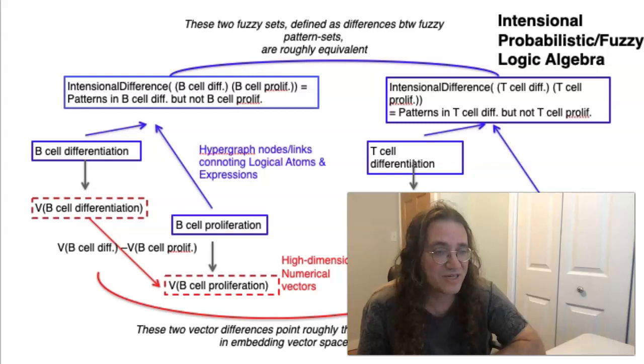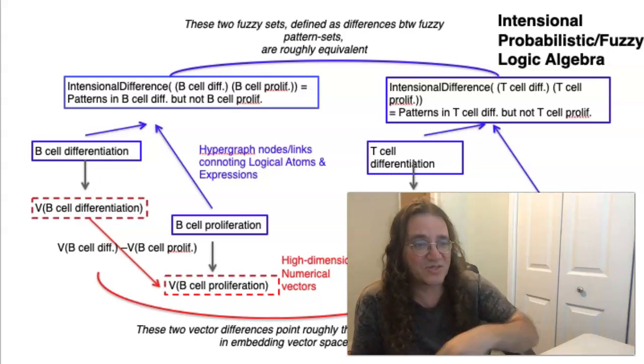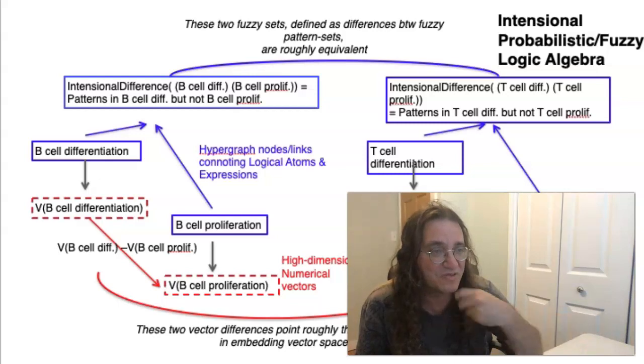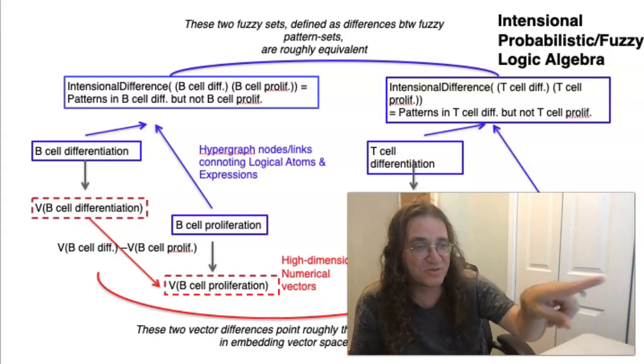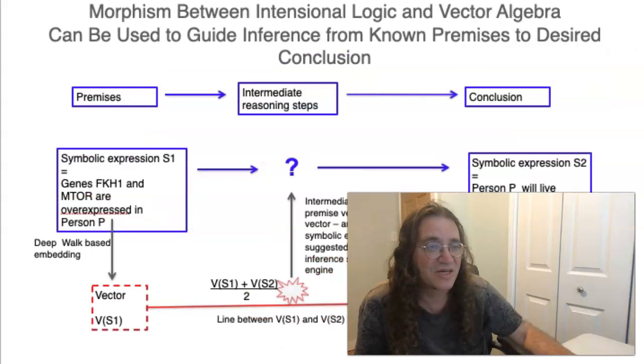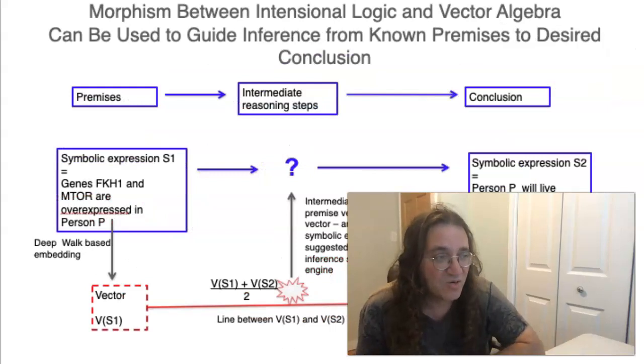The vector between B cell diff and B cell prolif is pointing the same direction as the vector T cell diff minus T cell prolif, and that corresponds to rough equivalence between these intentional differences between fuzzy property sets. So quite elegant, and what we're working on now is using this to guide inference.